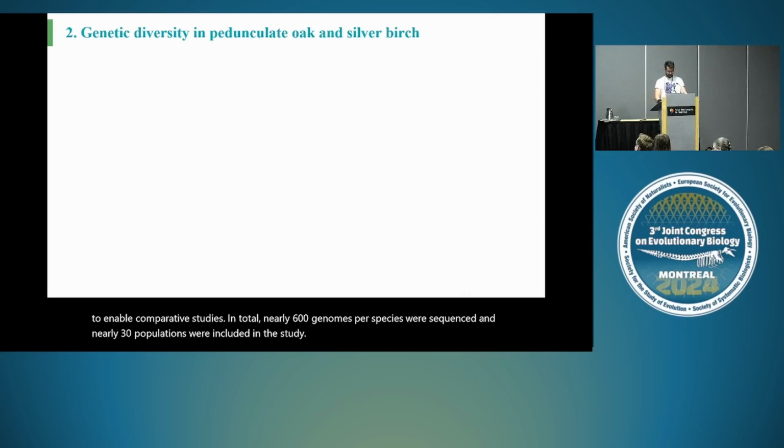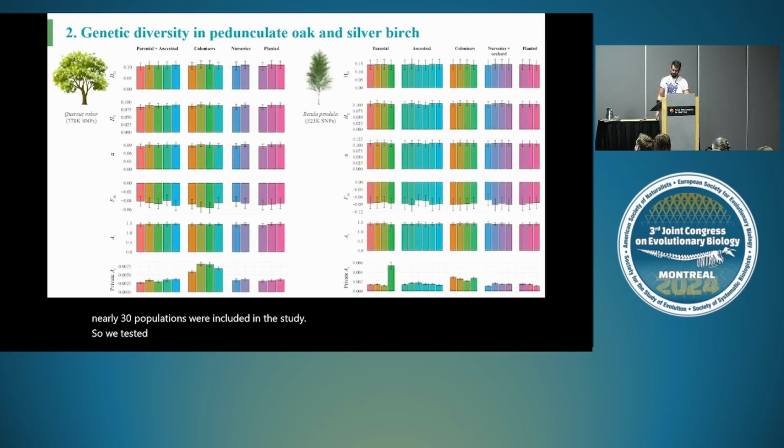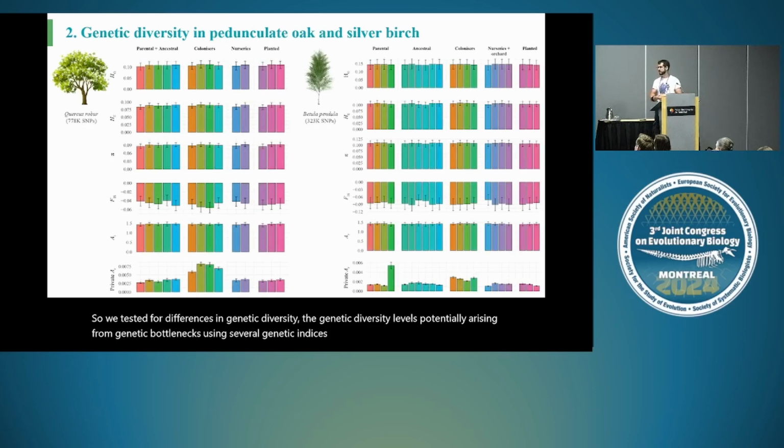So we tested for differences in genetic diversity levels potentially arising from genetic bottlenecks using several genetic indices, based on hundreds of thousands of high-quality independent SNPs. As you can see in the figure, we computed expected and observed heterozygosity, nucleotide diversity, coefficient of inbreeding, allelic richness, and private allelic richness.